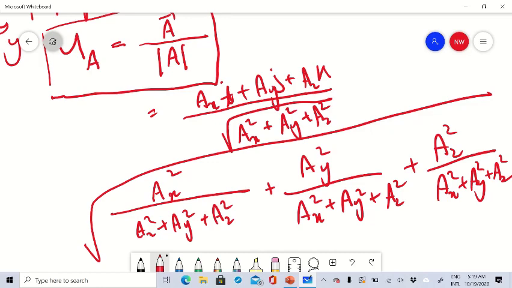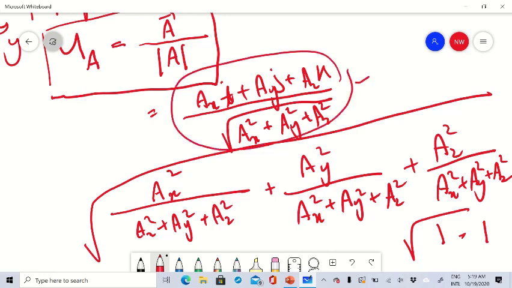So this denominator and numerator cancel out and you will get square root of 1, which is equal to 1. So the magnitude of this vector is equal to 1. So that's why it is a unit vector. So if we take any vector divided by its magnitude, then we can call it a unit vector in that direction, right?